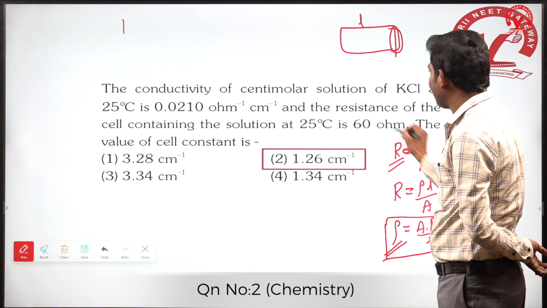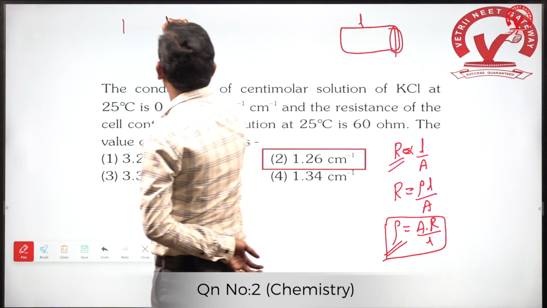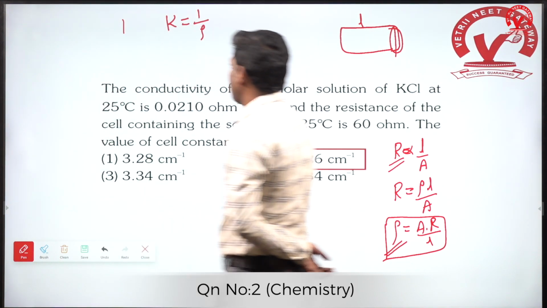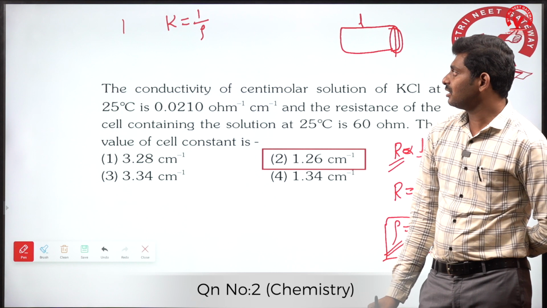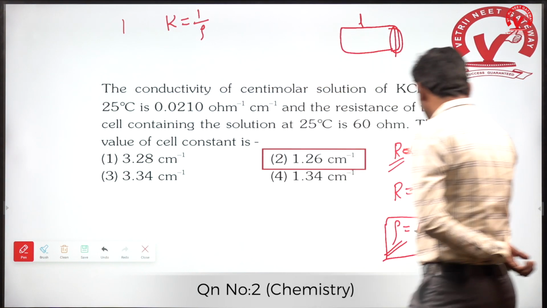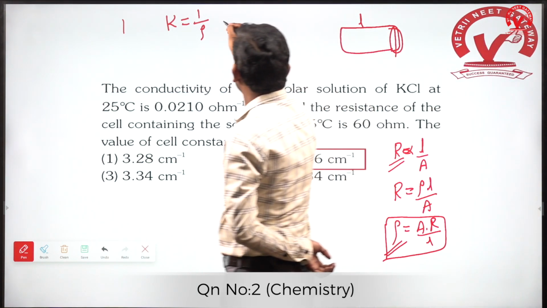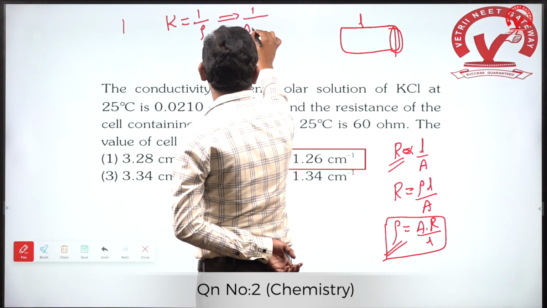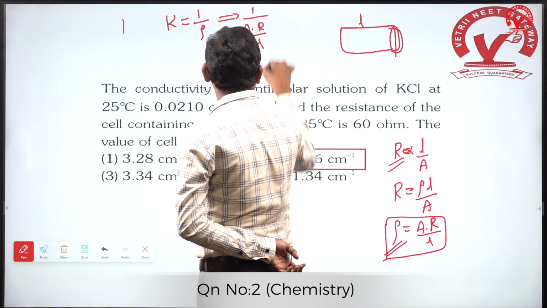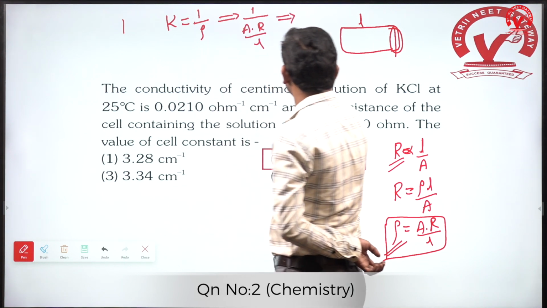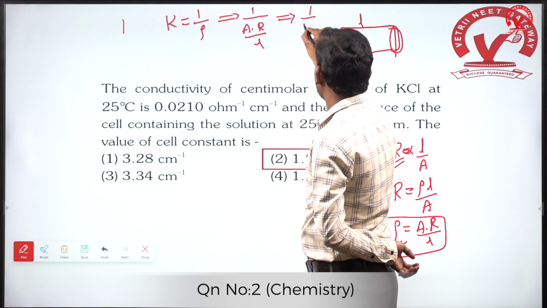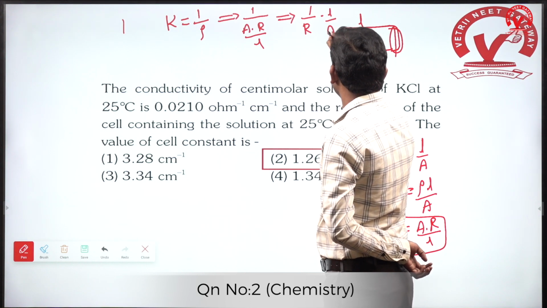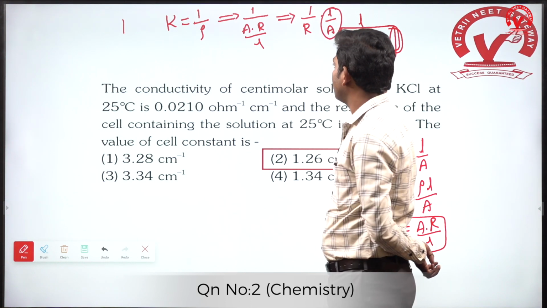Now conductivity. Conductivity K is equal to 1 by resistivity, inversely proportional. So this resistivity you can substitute here: 1 by A R by L. So this you can change like this, 1 by R into L by A. So this L by A is the cell constant.